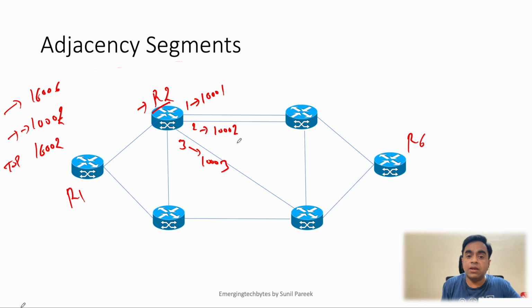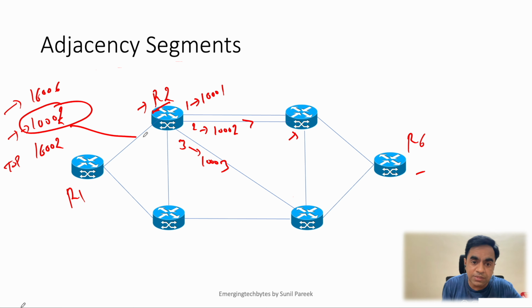So the packet which uses this link comes here and gets forwarded to R6. That is how we are forcing, on R2 via this label, that the packet should use this second link from R2 to R3. This is the purpose of the adjacency SID.